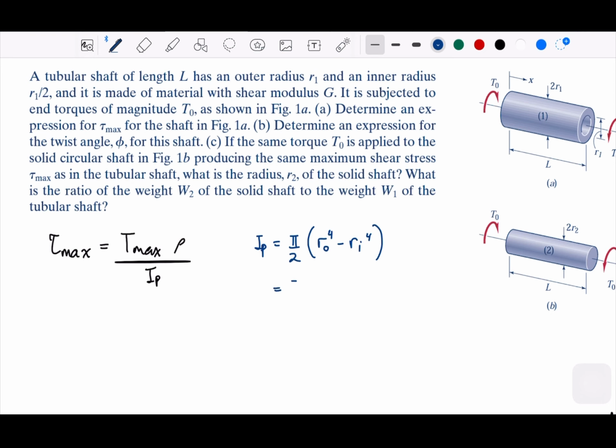Outside is R1 and inside, the inner radius, is R1 over 2. So R1 over 2 with power of 4.